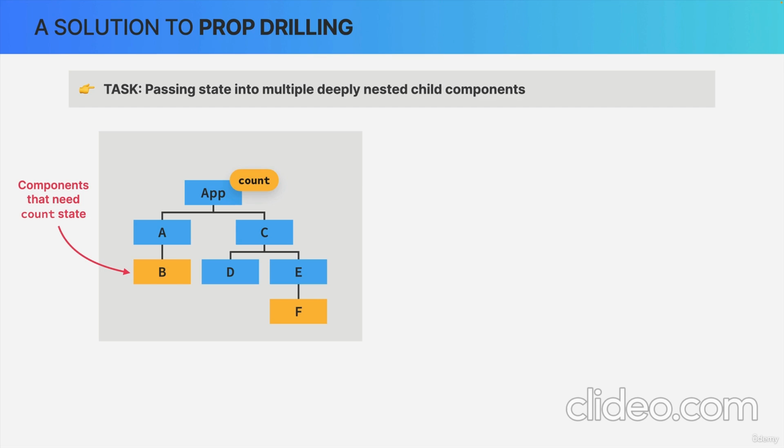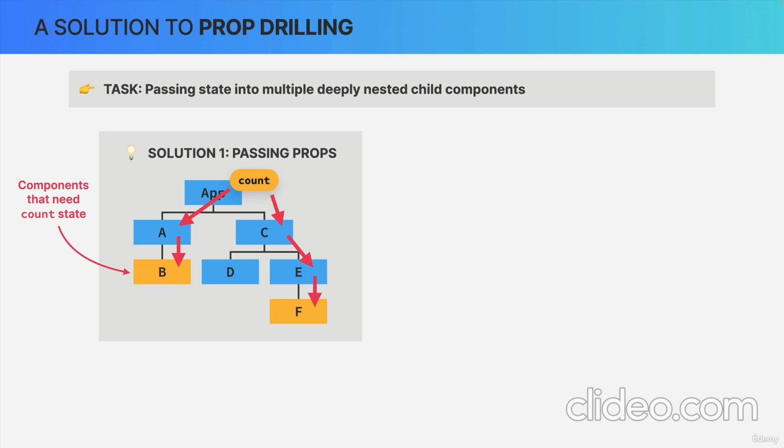Now, the first solution that comes to mind is to simply pass the state variable as props all the way down until it reaches the components that need the count state. However, this then creates a new problem, because passing props down through multiple levels of the tree can quickly become cumbersome and inconvenient.